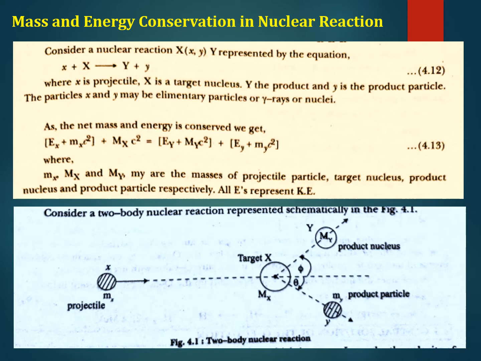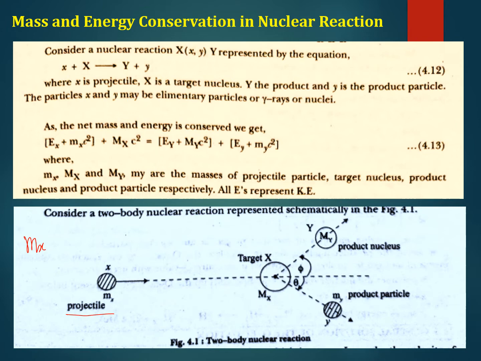See friends, here small x is the projectile. Remember that it is a very small one having mass mx. We are representing mass as small mx. What is x? x is a projectile.